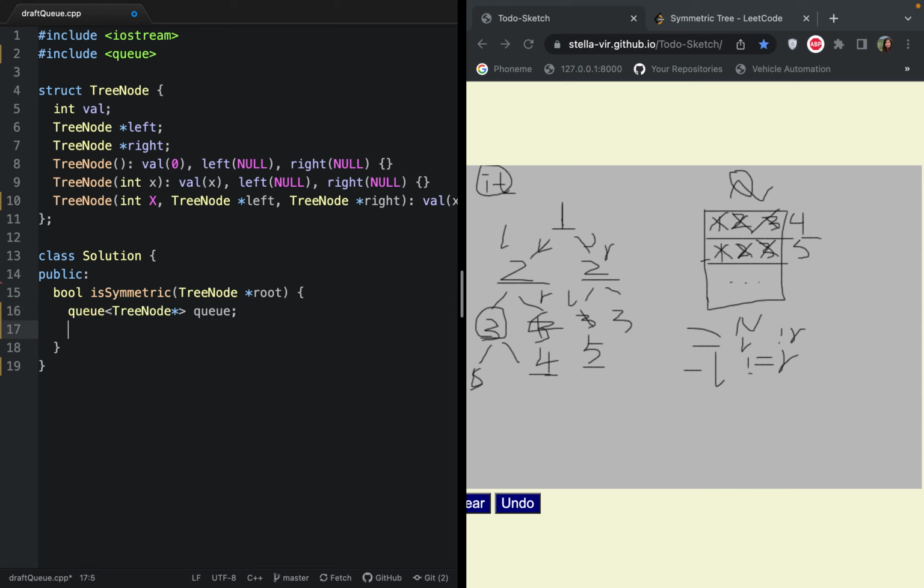Let's call it q. And we also need to declare the left and right to be nodes. So tree node left, I believe you can write it like this, left and right.